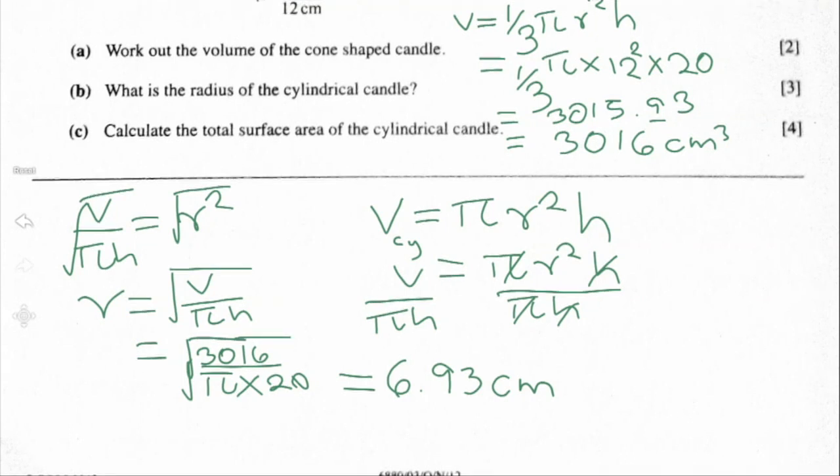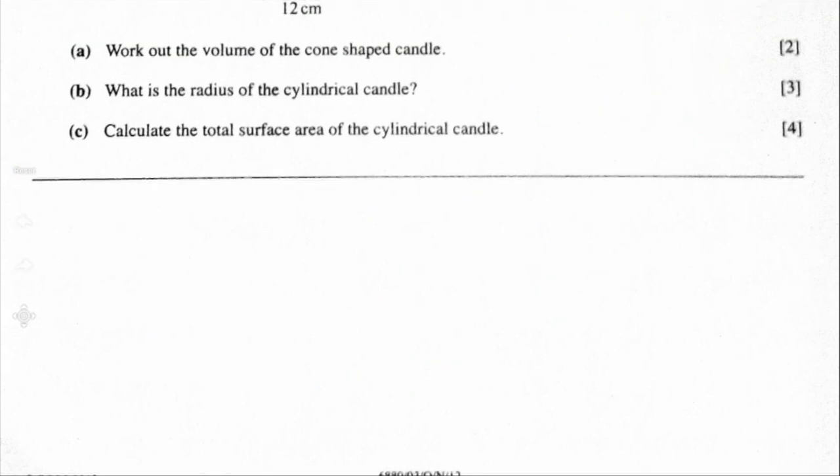Okay, the last part of this question: calculate the total surface area of the cylindrical cangle. To get the total surface area of a cylinder, we have to recall the formula. What's the formula for getting the total surface area of a cylinder?